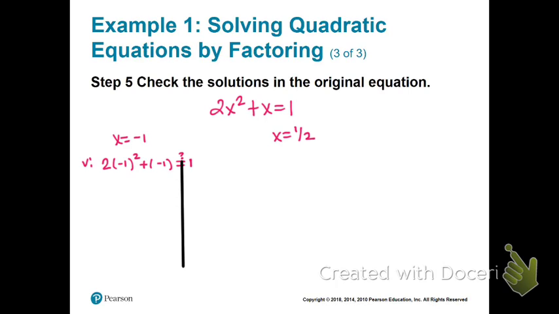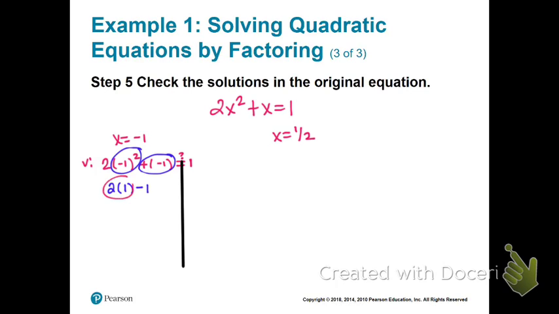So when I'm working this left side, I know I do exponents first. And so this is 2 times, what is -1 squared? -1 times -1 is +1. And then I have plus a -1, which is -1.